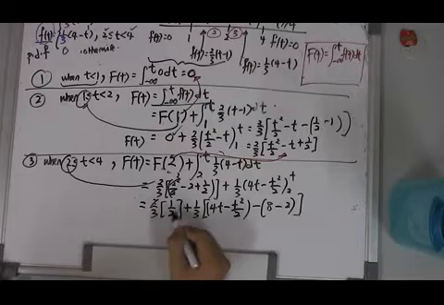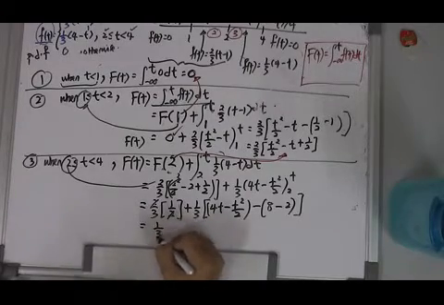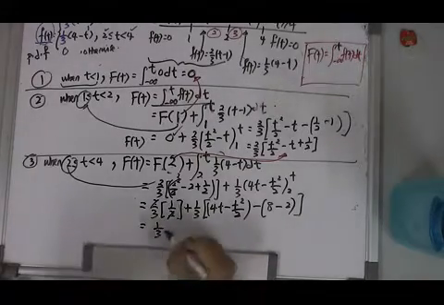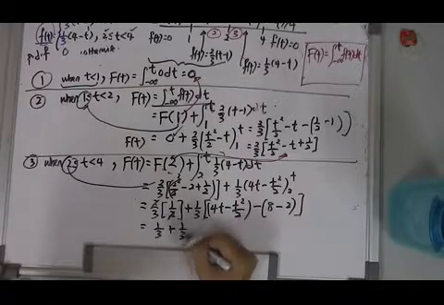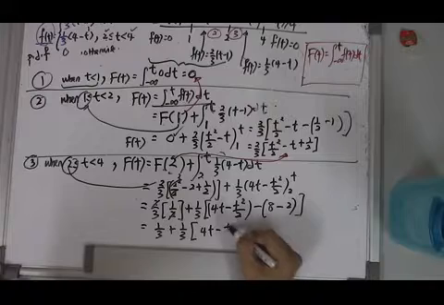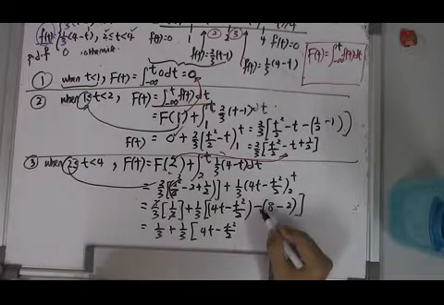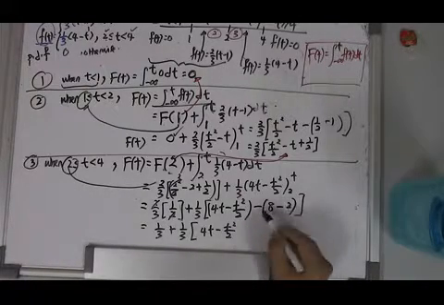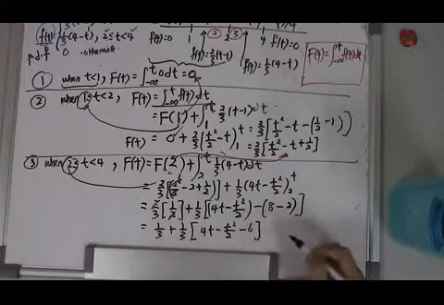Slowly you develop, become 1 over 3 plus 1 over 3 times 4t minus t squared over 2 minus 8 minus 2, 6, so it will be negative 6 inside here, right?